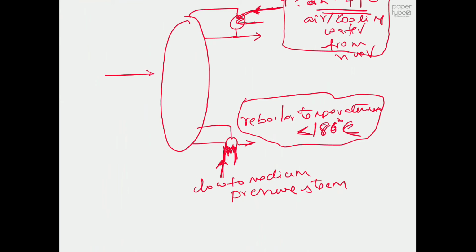And then obviously you have some feed which goes inside. So we need to fix these conditions. We will try to find the perfect conditions that allow you to separate your product, in this case vinyl chloride monomer, from hydrochloric acid plus other impurities, if any, plus ethylene dichloride.